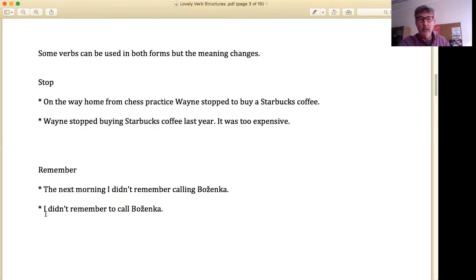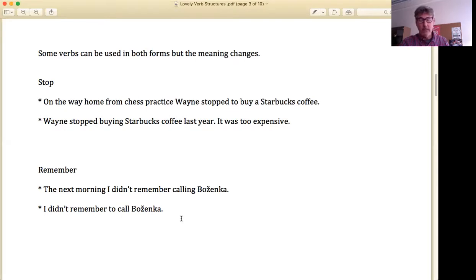Now, here's the other example, and this is with the infinitive. I didn't remember to call Boshenka. And this is something completely different. The meaning is different. The meaning here is that I was supposed to call Boshenka at 10:30 to tell her what time I was coming home, and I forgot. I didn't remember to call her.